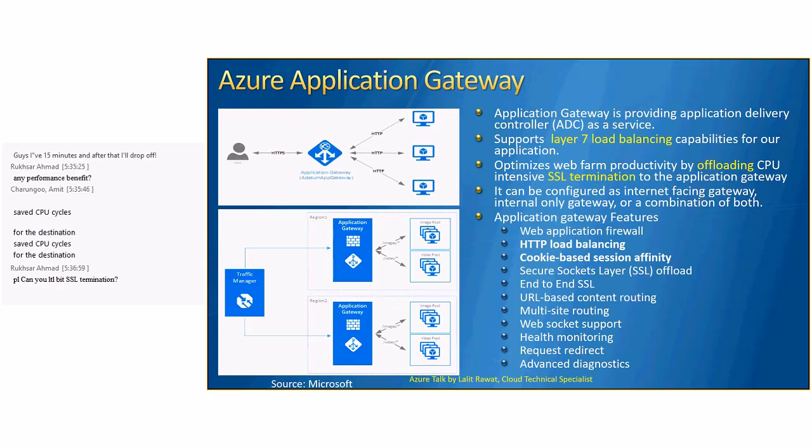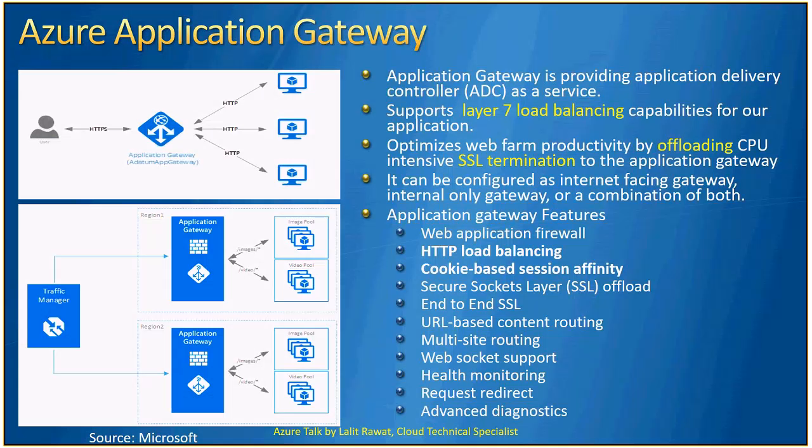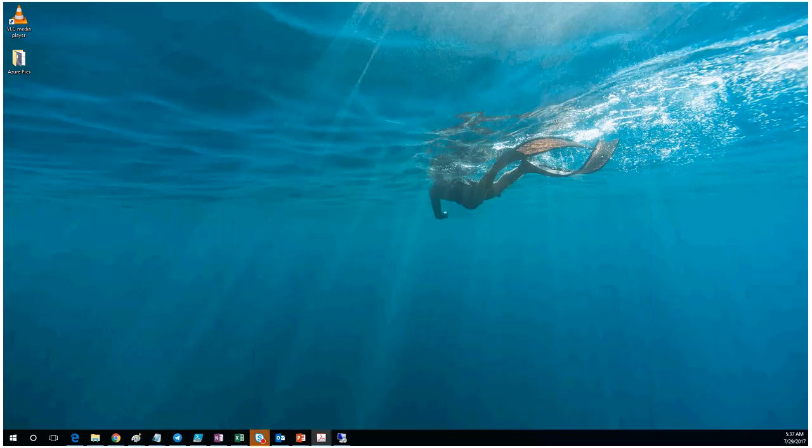Is there some kind of logic that defines, based on that URL, where it should be routed to? Yeah, in the application gateway settings, you can define that, and you can configure those rules. You can say that image should go to backend pool number 1, and video should go to backend pool number 2.